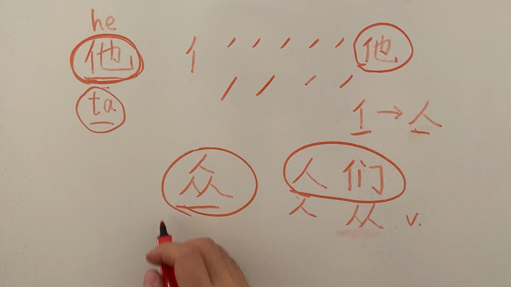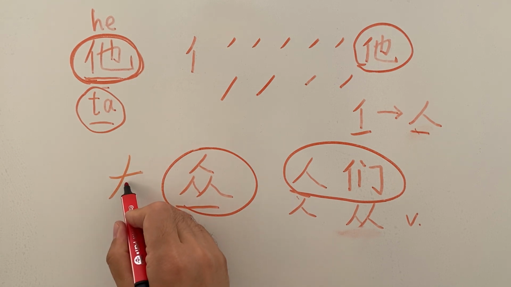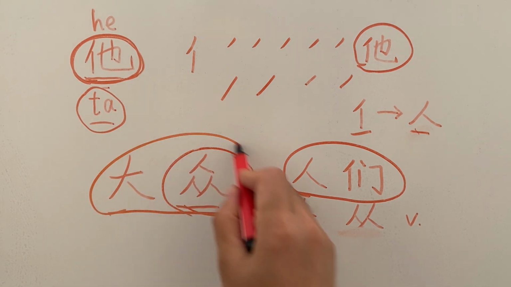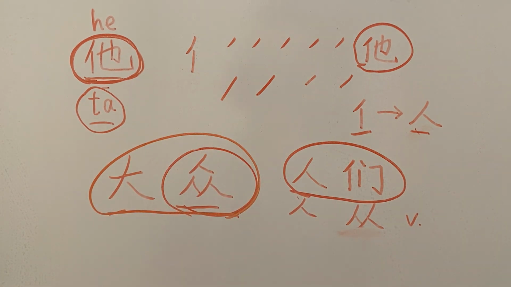If we put it with this one, it means big, 大众, Volkswagen, right? Chinese translate Volkswagen to 大众, but 大众 means the mass, the grassroots, or our people, something like that.